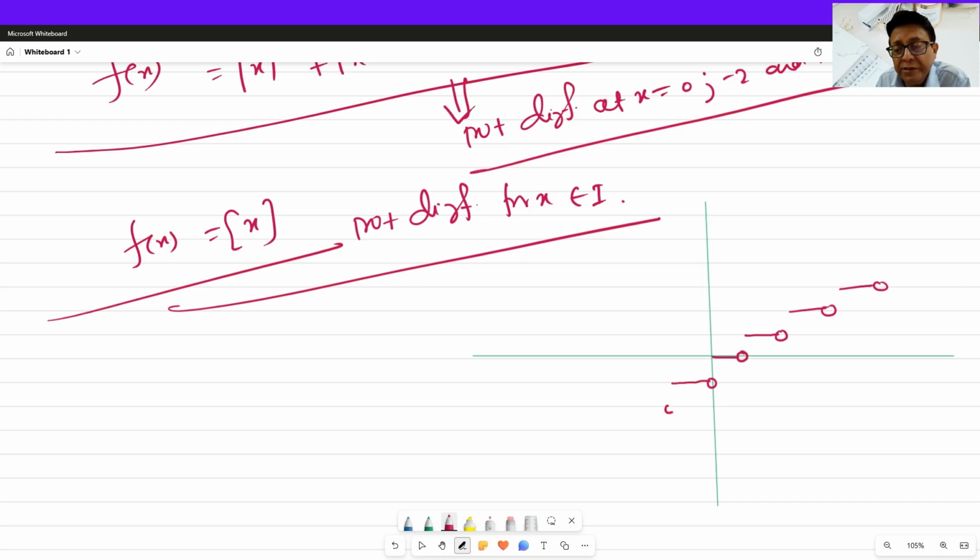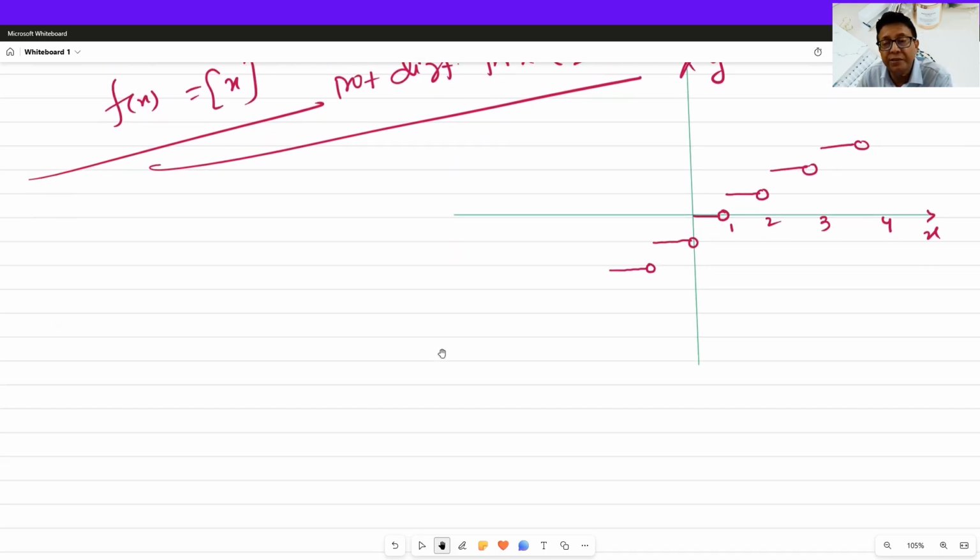It is not differentiable at integral points 1, 2, 3, 4. Here the limit only doesn't exist. So it will encourage us to find out the relationship between continuity and differentiability. Let us find it.